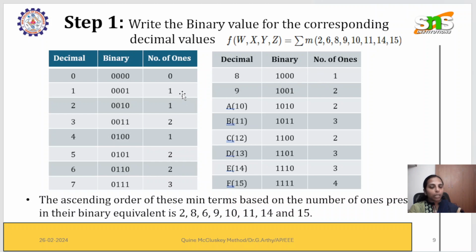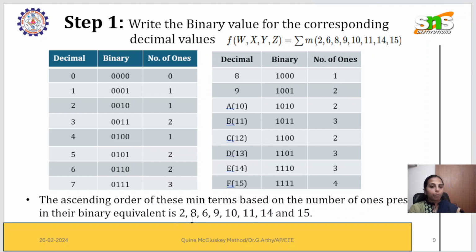So based on the number of ones present in the binary value, we have to rearrange them in ascending order. So 2 and 8 both have 1. Then if we consider 9, it has 2. All the other numbers have greater than 1.